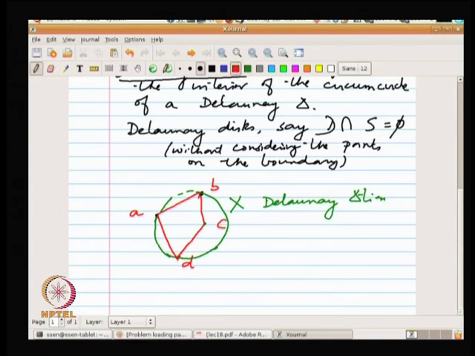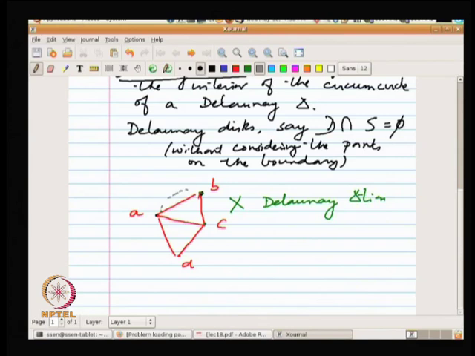Instead of BD, let me draw the diagonal AC. And therefore, even my circumcircle has to be redefined. All right, so let me try to draw the circumcircle now.